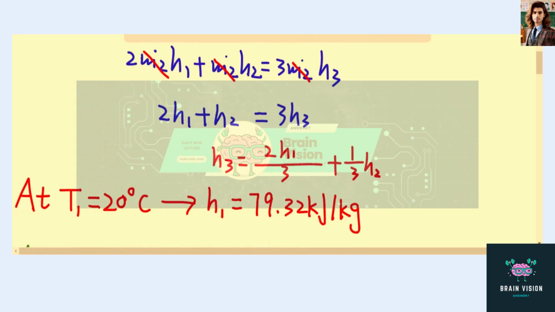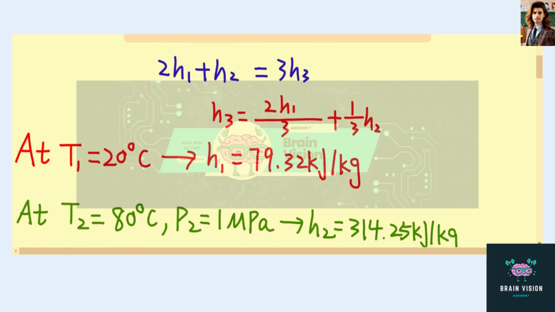Okay, so now let's use the table at the back of the book, which is the saturated refrigerant 134A table. At temperature equal to 20 degrees Celsius, the corresponding enthalpy is 79.32 kilojoule per kilogram.